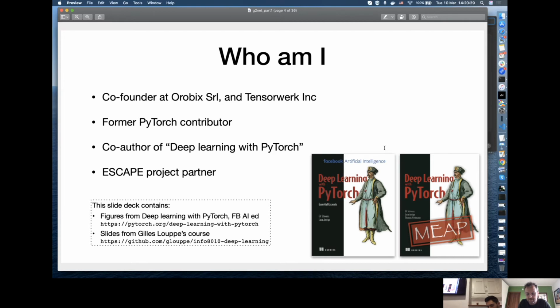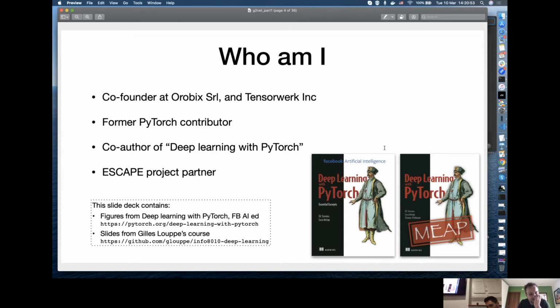And the final version is coming out. The Facebook version has just a part of part one, and there are 3 parts in the full book. And with Orobix, I'm a project partner in ESCAPE, the European project on software infrastructure for physics and astrophysics.